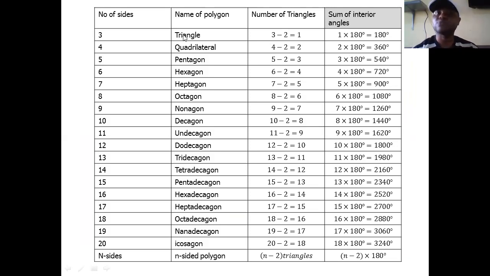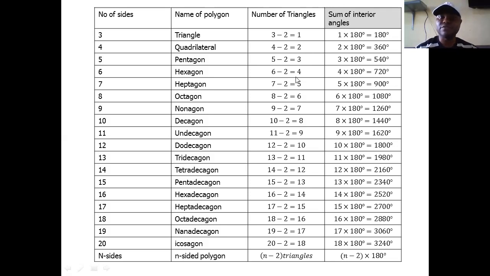The first one is the triangle. A triangle has 3 sides. So 3 minus 2 gives you 1. 1 times 180, so the sum of the interior angles is 180. Quadrilateral, don't forget that a quadrilateral is also a polygon. So 4 minus 2 equals 2. And then 2 times 180.